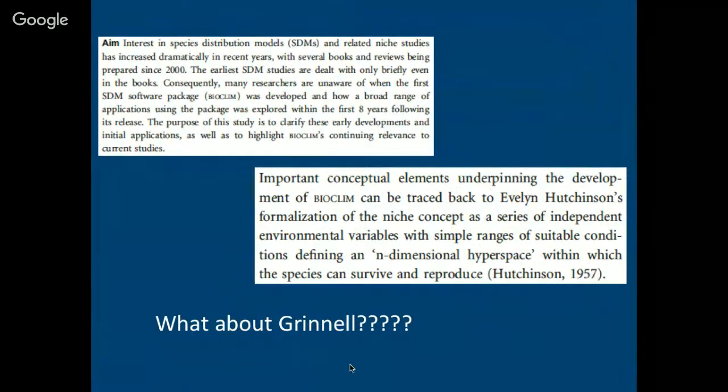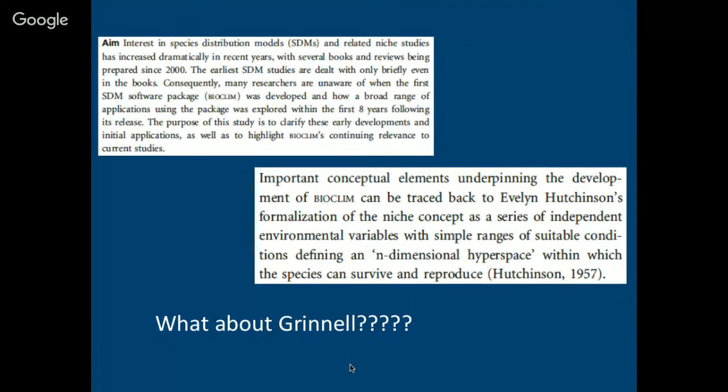In that same paper, we see comments: interest in species distribution models and related niche studies has increased dramatically in recent years. Skipping to the second one, important conceptual elements underpinning the development of Biochem can be traced back to Evelyn Hutchinson's formalization of the niche concept as a series of independent environmental variables.